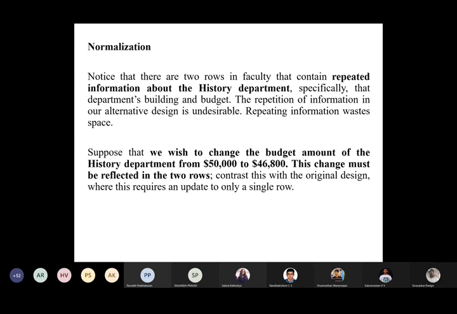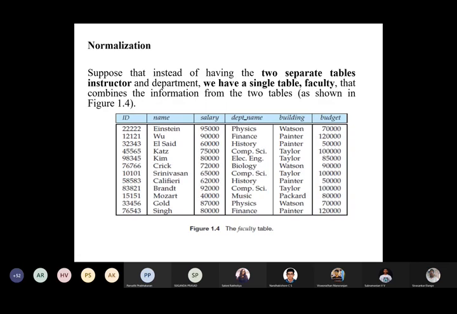Repetition of information wastes storage space, right? Whenever you store information about the history department, the department name, the building name, and the budget of the department are repeated in all the records, right? We have two faculty members from the history department, so the department details, the department name, building, and budget, are repeated twice.